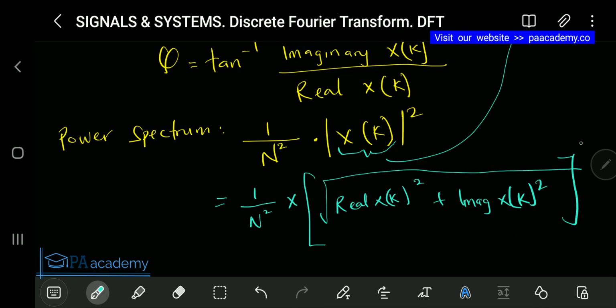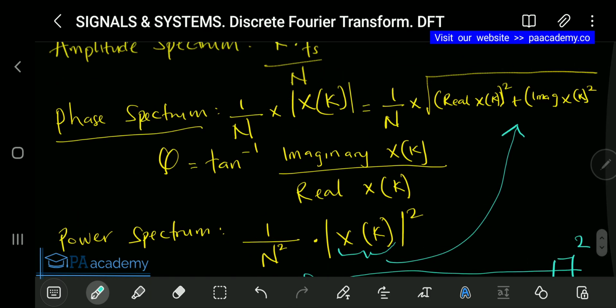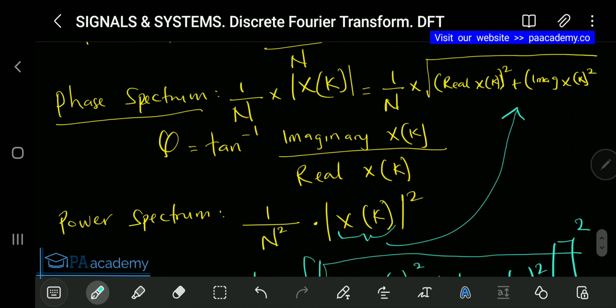So square, and that's the positive value. Now you might be thinking that this square should just cancel this square root, but don't do it like that just yet. You're going to know why when we start to solve the example.